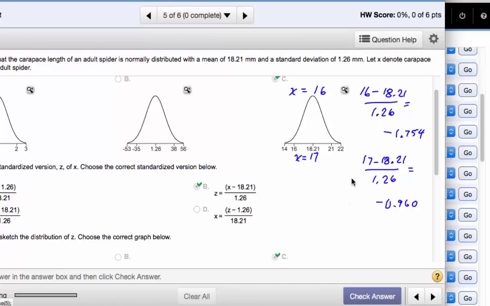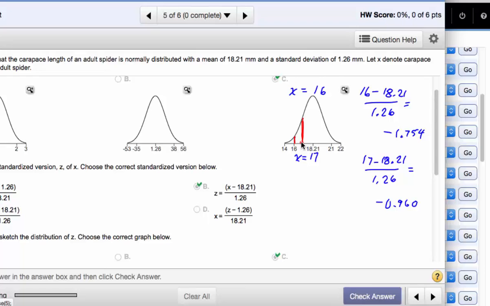All right, so for 16 to 17, we come along here. An x value of 16 is right there, and then an x value of 17 maybe is right here. So last time we talked about the significance of this. Now we're going to look at this distribution curve and say, here's x equals 16, here's x equals 17.